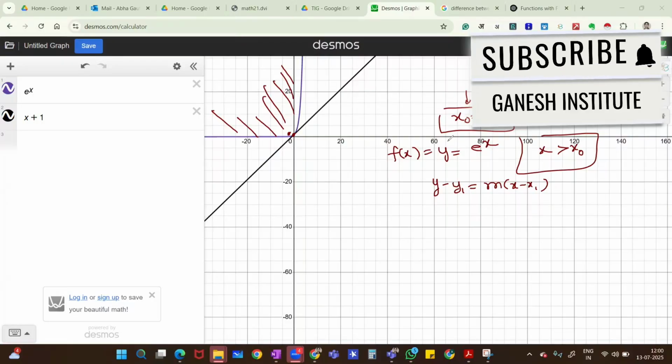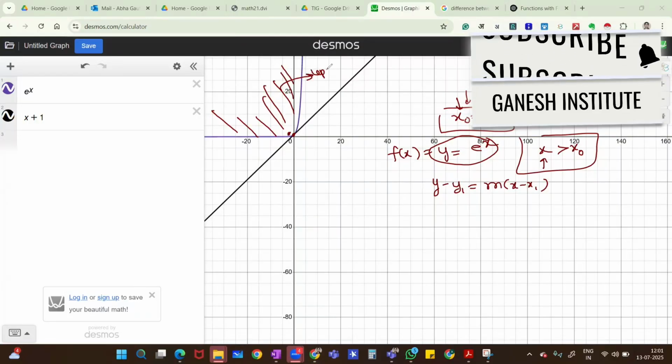Whatever value you are putting, if it is greater than the values for x naught, then it is giving you the upper contour, right?